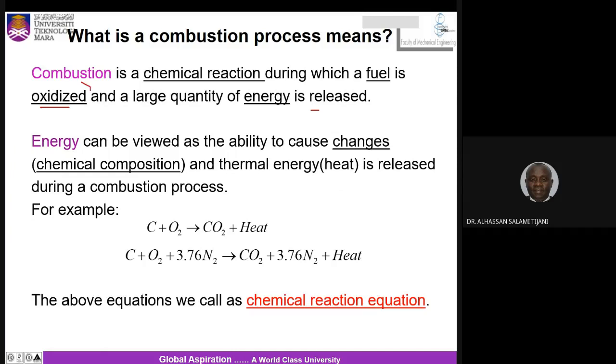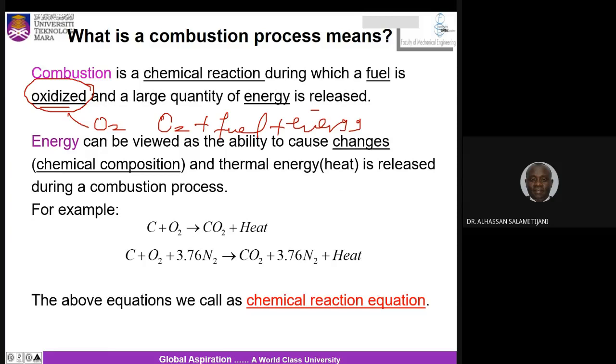So fuel is oxidized. Oxidation has to do with the presence of what? Oxygen and a large quantity of energy. So when you have oxygen, you have fuel, and then you have energy, then combustion can be initiated. If any of these is absent, then there is no way you can have combustion.